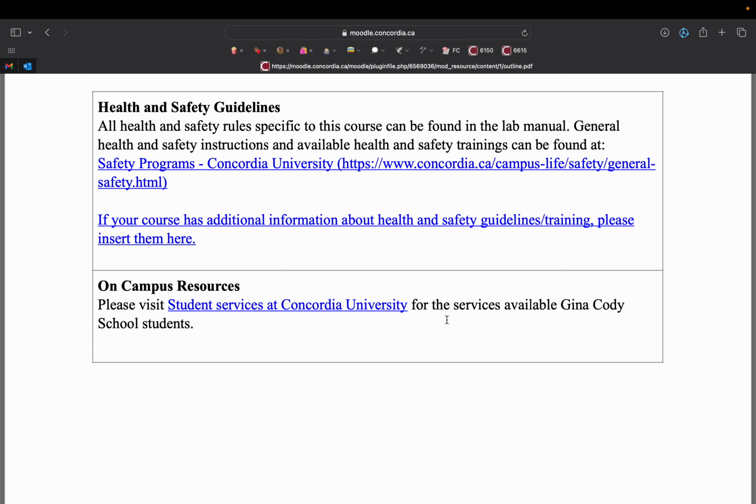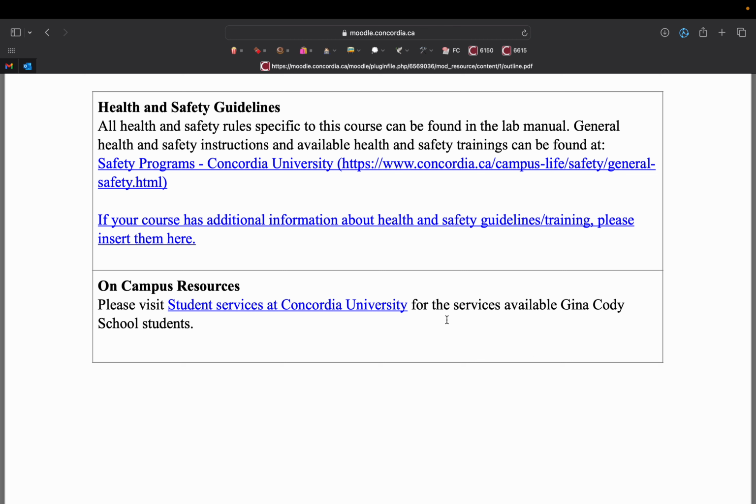This is a late class, so if you have some safety concerns about walking home at 9 or whatever, there are programs for that. And if you need special accommodations for your assignments or exams, there's an office you can register with. I'll get an email and it'll be kept confidential, and whatever accommodation you're afforded, we'll honor, obviously.